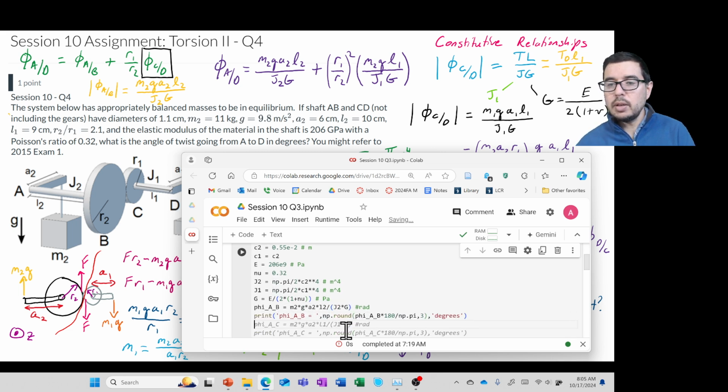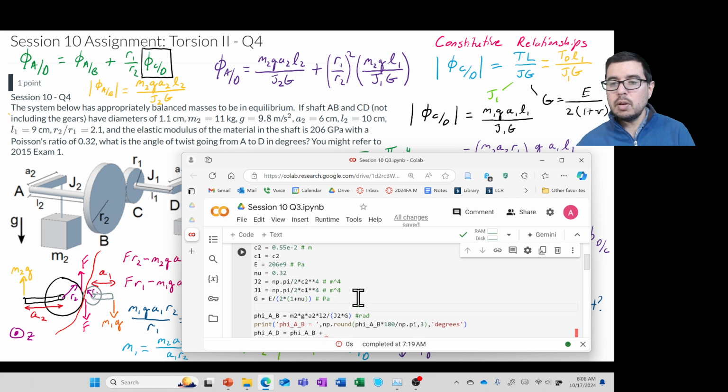Let's go ahead and define our phi A to D. That's what's interesting to us. So I can just write in phi AB again, plus we have this ratio R1 over R2. I don't think I've put that in the problem yet. What we have is R2 over R1, so that's the inverse of it. So we can do a couple of things. We can call R1 R2, and we can say that's going to be 1 divided by 2.1.